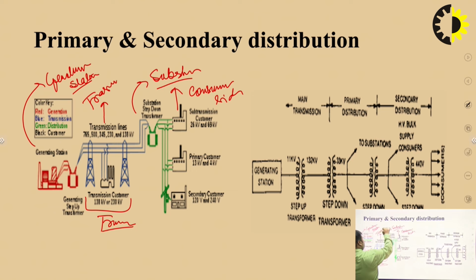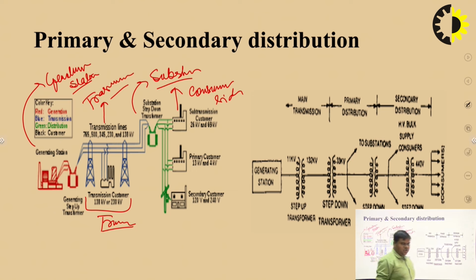You all know that the power system consists of three parts. The first one is the generating unit, that is the generation station. The second one is the transmission part, and the third one is distribution or the consumer side. These are the consumer sides.